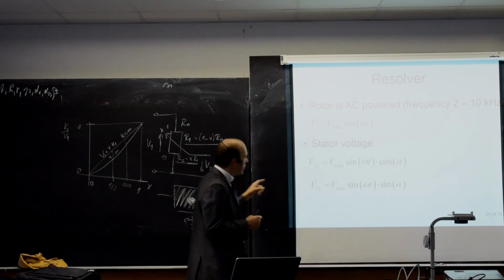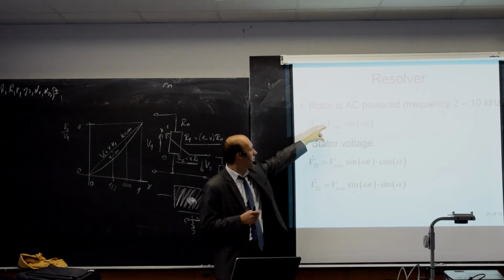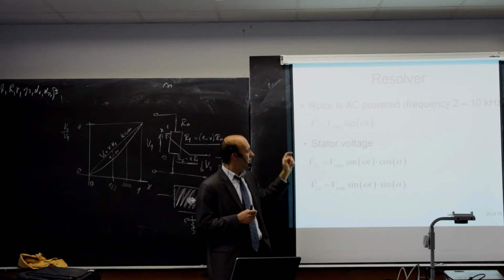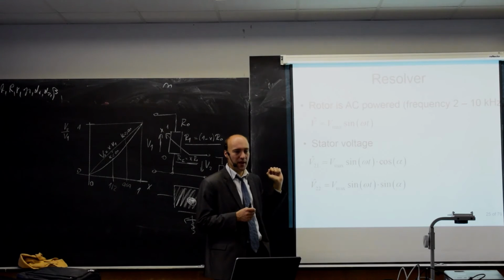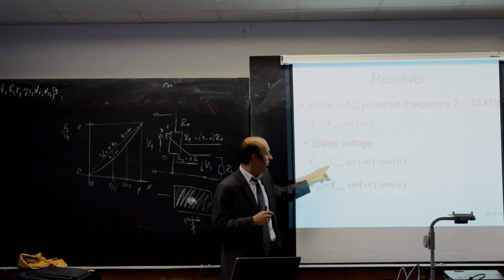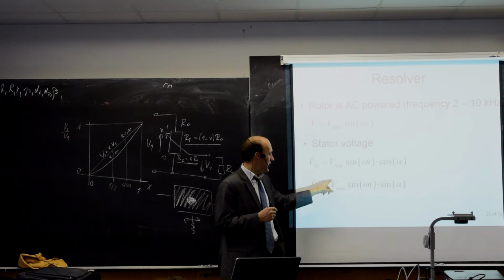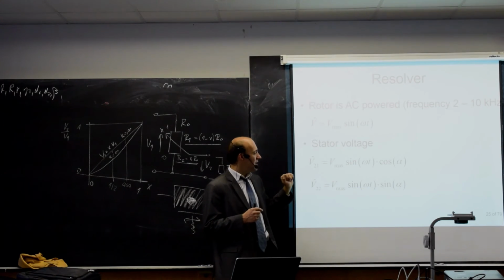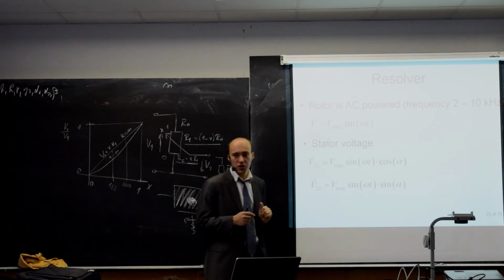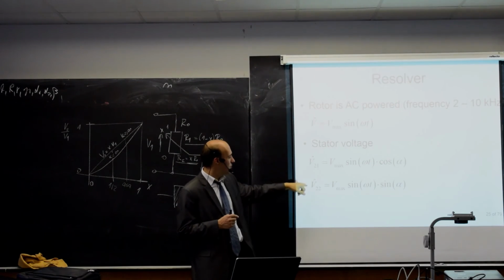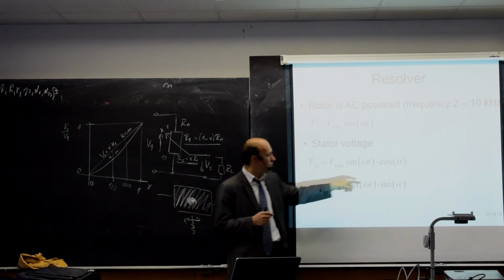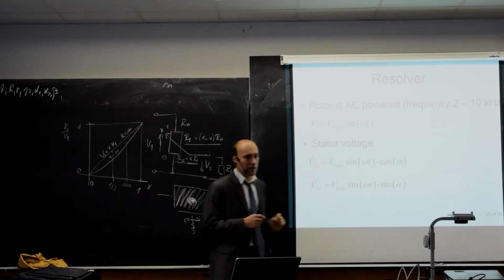The stator voltage will be derived from the rotor voltage. So the output voltage amplitude will depend on the input voltage amplitude, which is coming from the input voltage here. And this sine or cosine depends on the position. So the output voltage on both windings will be a function of alpha, the angle.